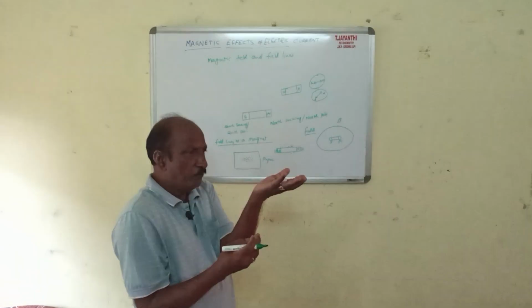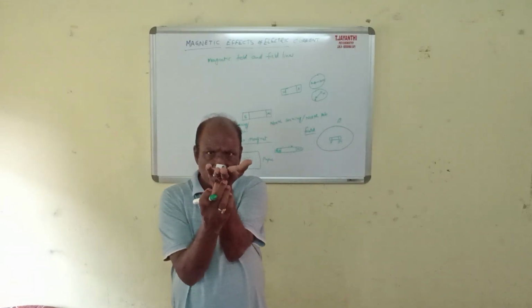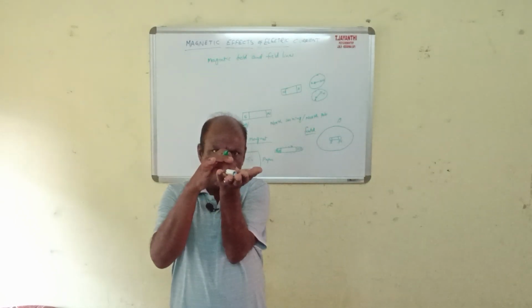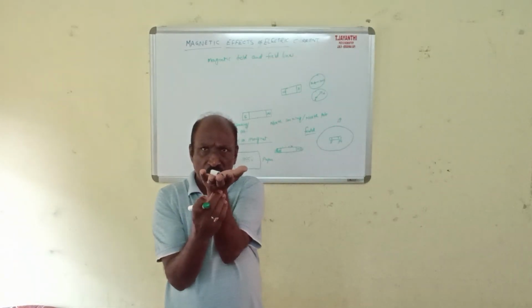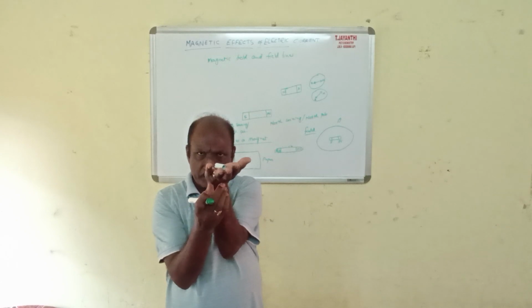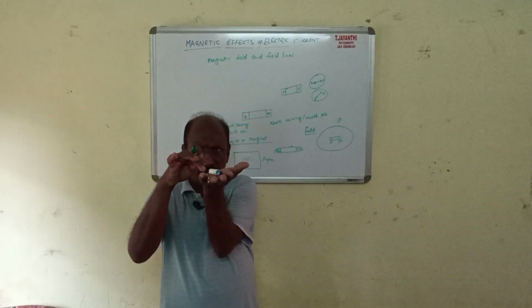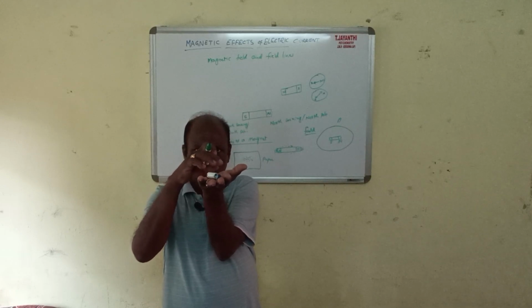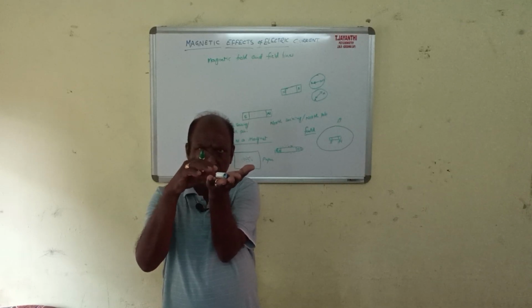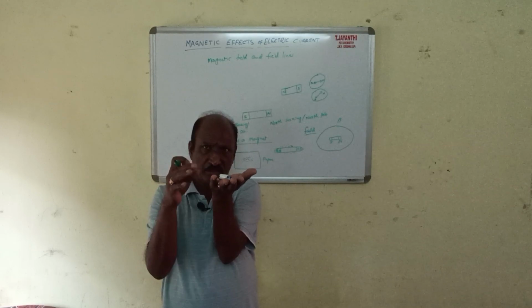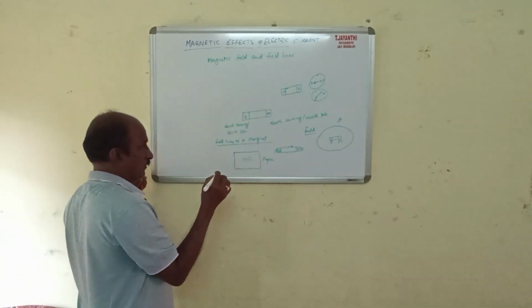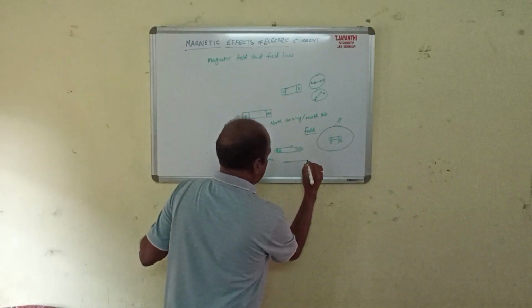If we keep the magnet under this paper over which the iron filings are there, and just shake it like this, automatically the iron filings get disturbed in a certain way. It forms field lines like this.